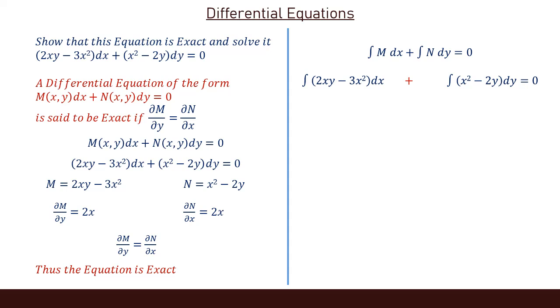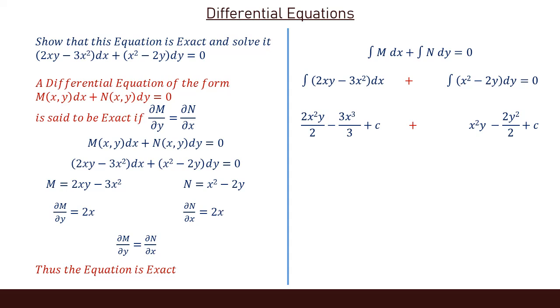Let's put it differently like this. When we integrate 2xy with respect to x, we are going to have 2x squared y all over 2. And when we integrate 3x squared with respect to x, we are going to have 3x cubed all over 3.